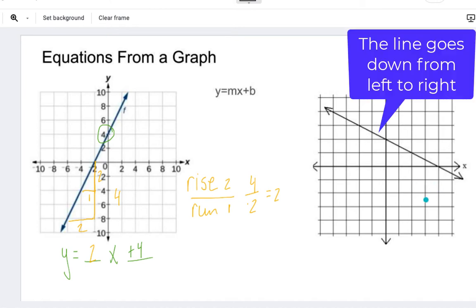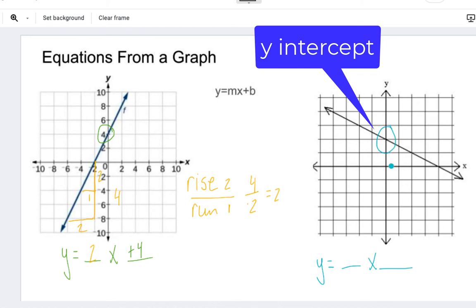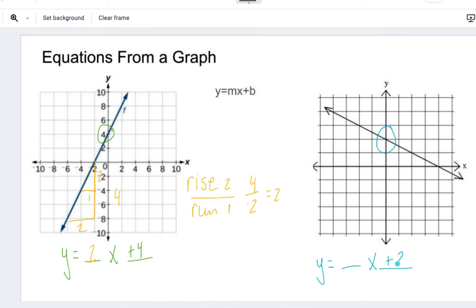Over here, this line is going down, so we already know that this slope is negative. So we're just going to fill in these 2 blanks. We can see from the graph that the line crosses the y-axis at positive 2. So y is going to equal something times x plus 2. Now if we make our slope triangle between any 2 points, remember this has to be a right triangle, we can see the run is 2.